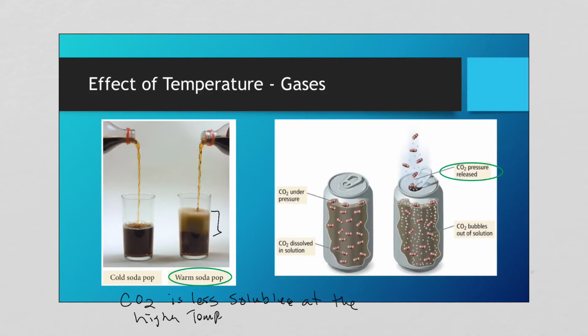And so when they get more energetic, at higher temperature, they get more thermal energy, it becomes much easier for them to escape the solution and therefore bubble out. If you keep it cold, those gases don't have as much thermal energy. It's harder for them to escape, so they remain in solution.